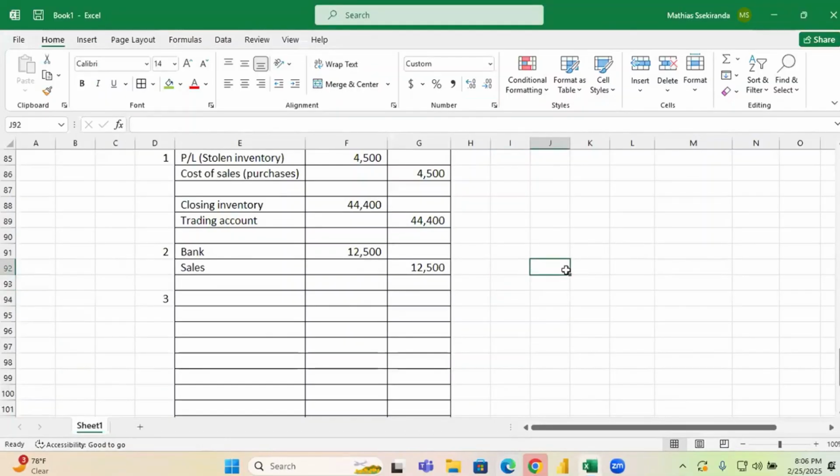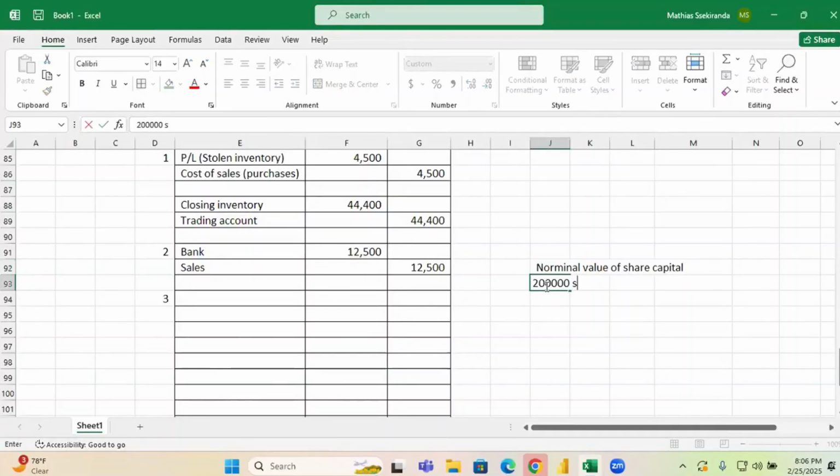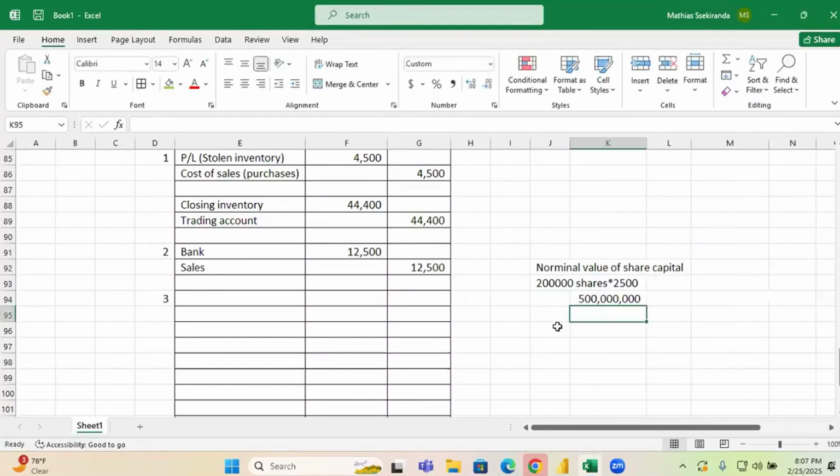So if I want to get the nominal value of the share capital, I'll get the 200,000 shares, okay? I multiply them by 2,500 shillings to get 500 million.